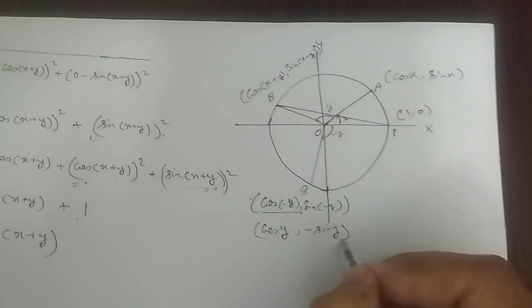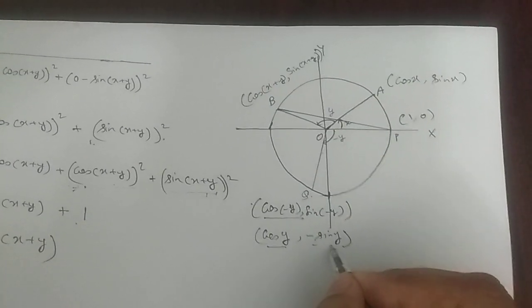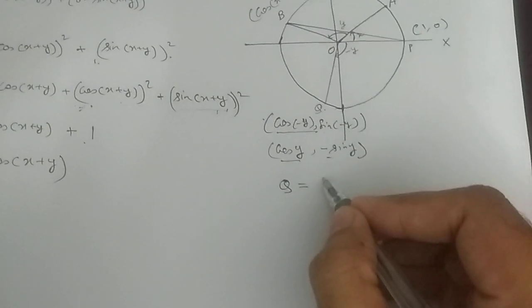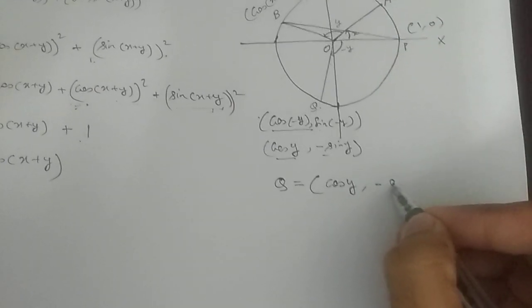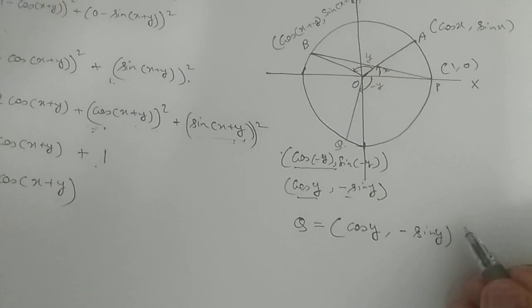Therefore, coordinate of Q is cos y, comma minus sine y. So let us write it down freshly. The coordinate of Q is cos y, comma minus sine y, here from this diagram.